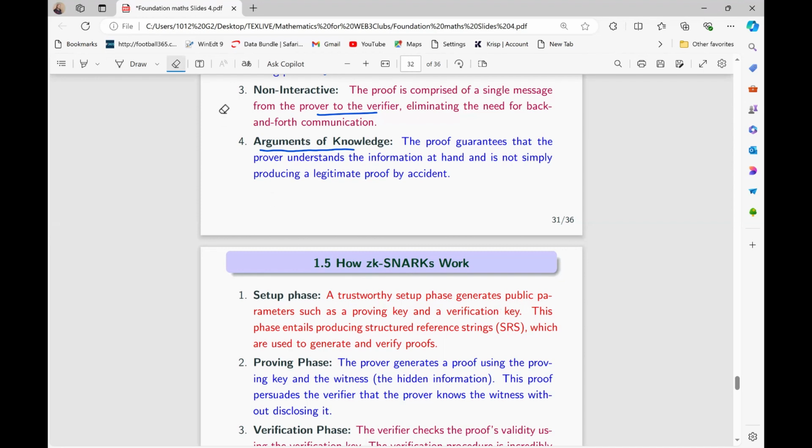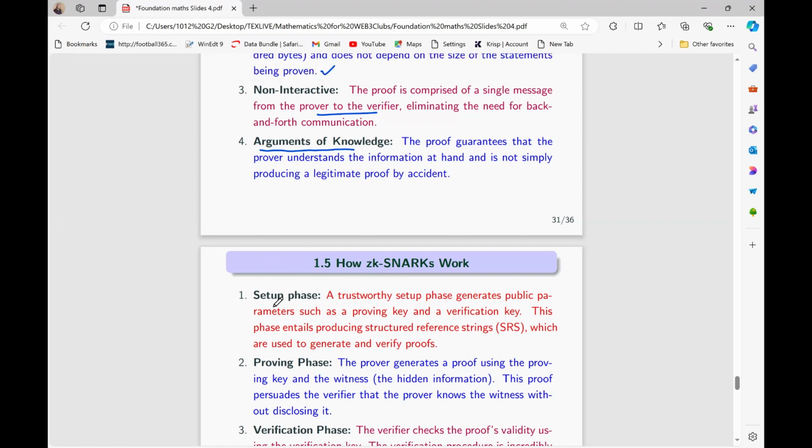So the setup phase I've said is a trustworthy setup phase, which generates public parameters, and the word is public, not private. Public parameters such as proving key and verification key.